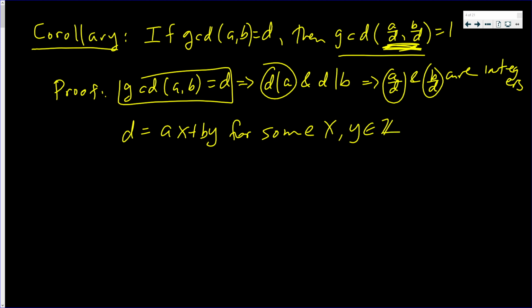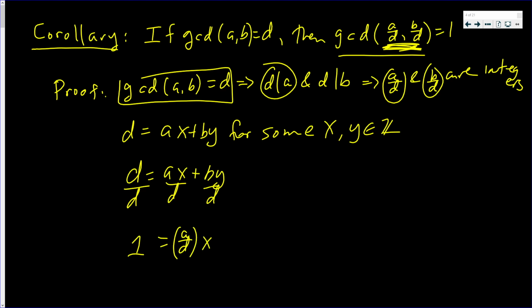Now, let's do this on another line. We divide both sides by D. So 1 I can write as A over D times X, and A over D is an integer, plus B over D times Y, and B over D is an integer.